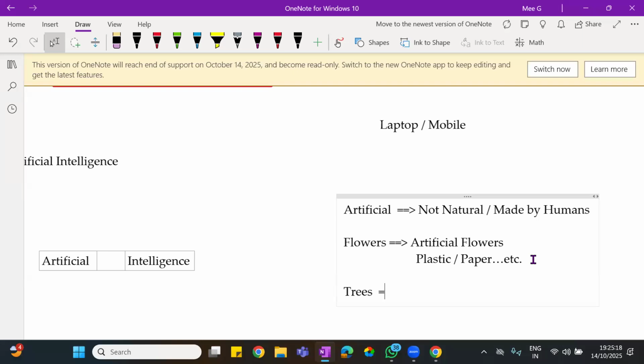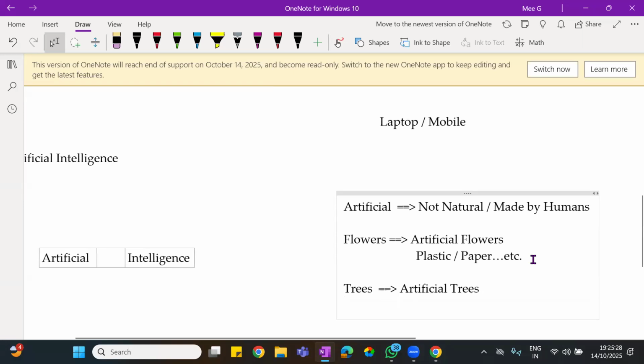Now, these trees have an artificial version, which is made out of rubber, or plastic, or we can also see a duplicate version of the tree made with wood.